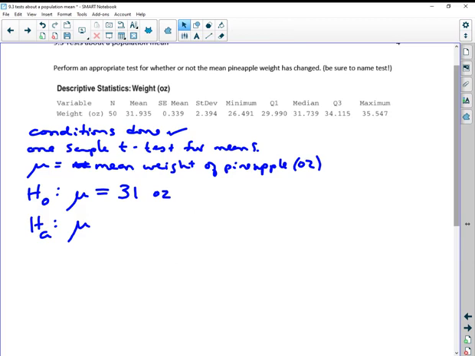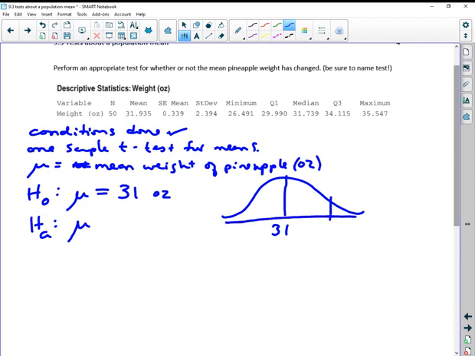That's actually a two-tailed case, where if you have 31 in the middle and this 33.9, they didn't say they only want this side. They said we want you to be different. So I have to change this to 31 ounces. Okay.